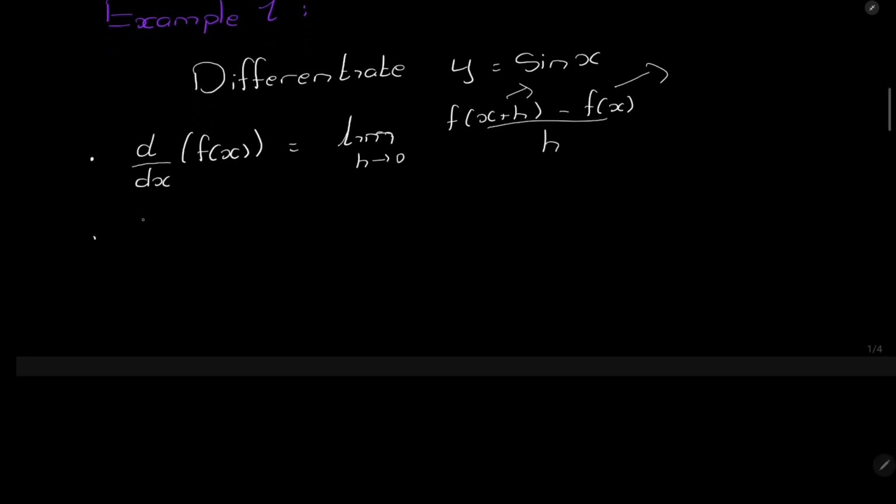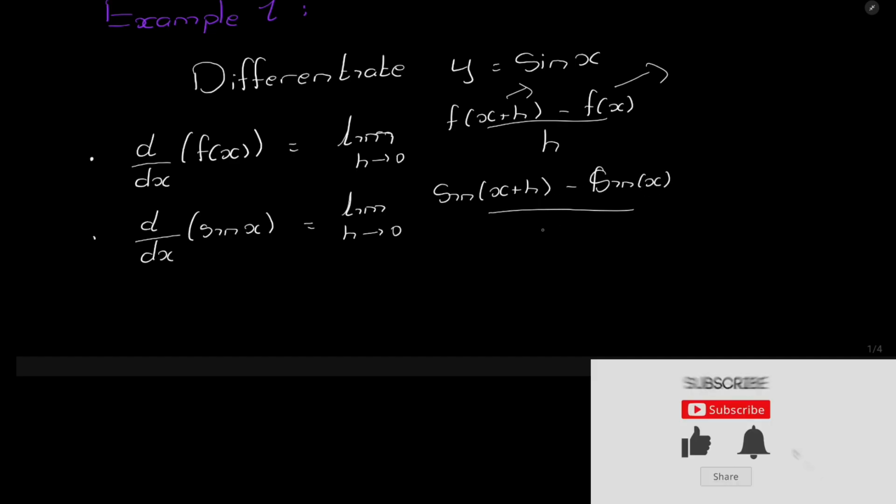So from here, we can then say the derivative with respect to x of sine x is equal to the limit as h tends to 0 of sine of x plus h minus sine of x, all that divided by h. What do we do then?